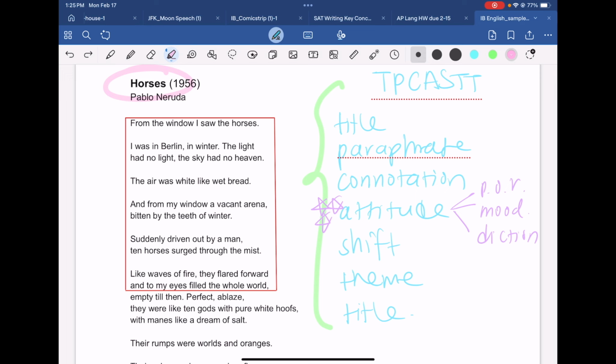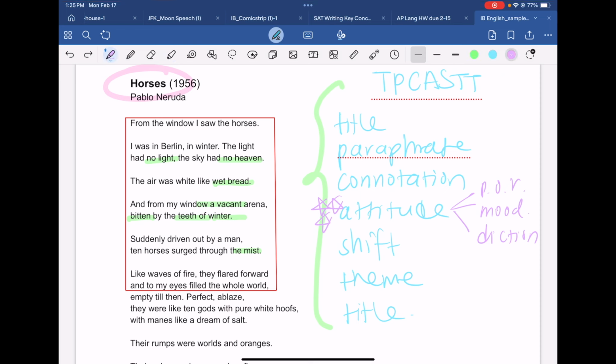Everybody grab your pencils, or if we're using your digitalized computers, highlight what you deem as words that contribute to the overall mood of these few lines in the boxed portion. Exactly. So we have words like no light, or phrasings like no light, no heaven, wet bread, vacant, bitten, teeth, winter, mist, for instance. Let's stop right there for a second.